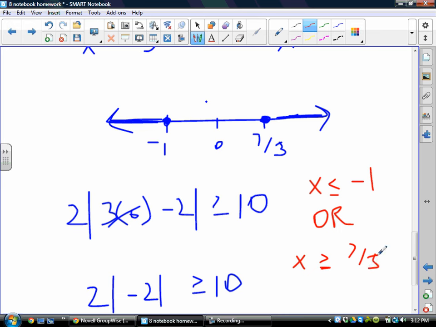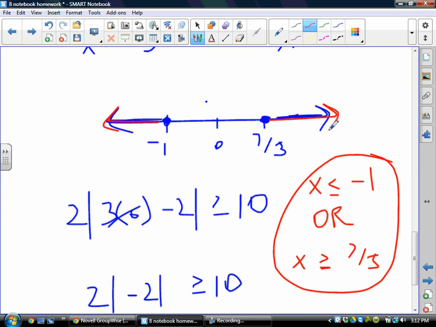Okay, so it can't possibly be in both places at once, that's why we have the word or. It's going to be going this direction of negative 1 and including negative 1, and it's going to be bigger than 7/3 or including 7/3 could be possible. So treat it as you're going to find the boundary point, then plug in a point to test to see where you shade.